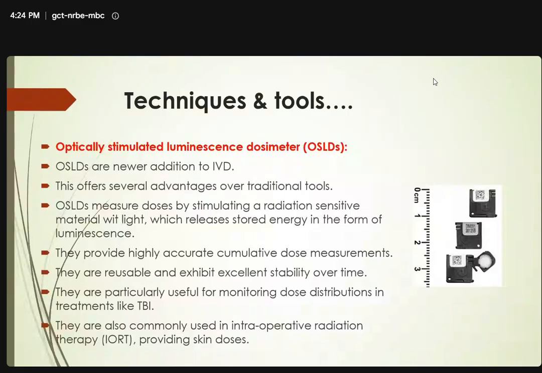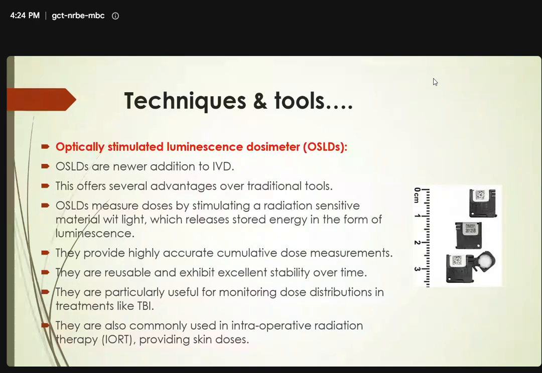They are particularly useful for monitoring dose distribution in treatments like TBI, and they are also commonly used in intraoperative radiation therapy, providing the skin doses in breast cases. The picture is showing some nanochips.